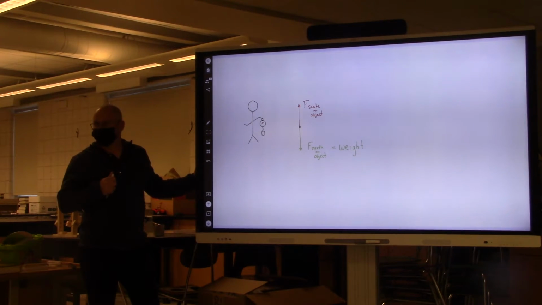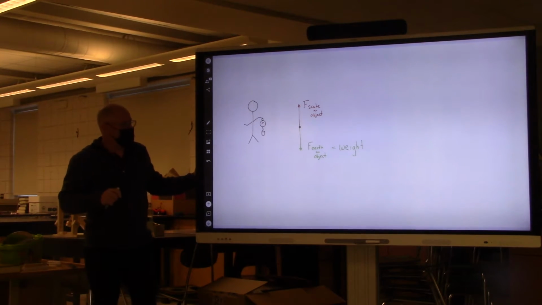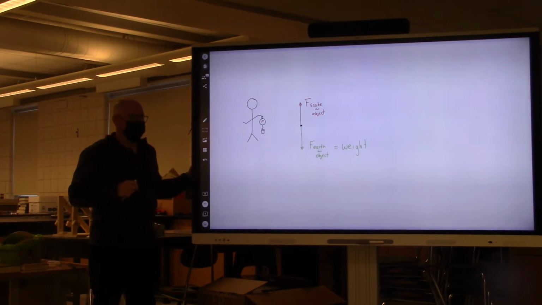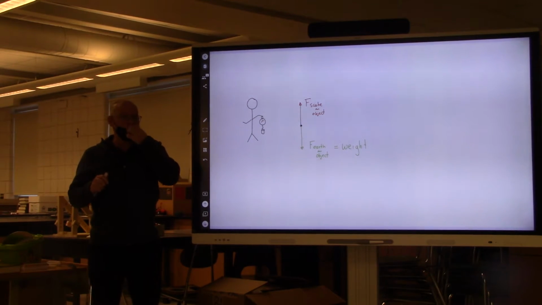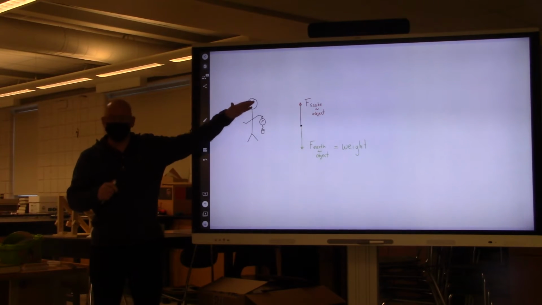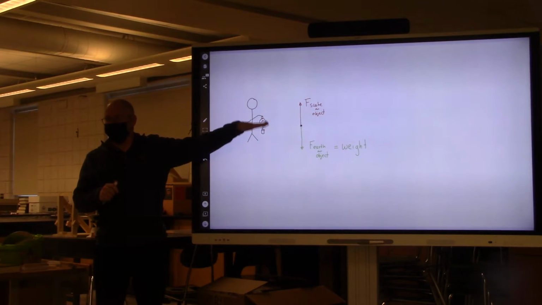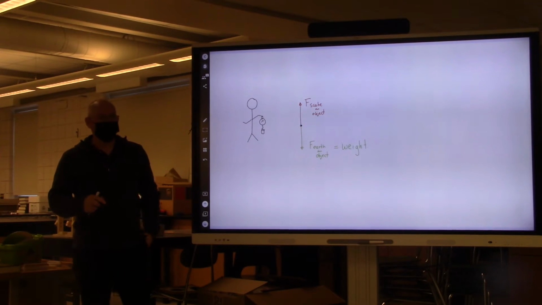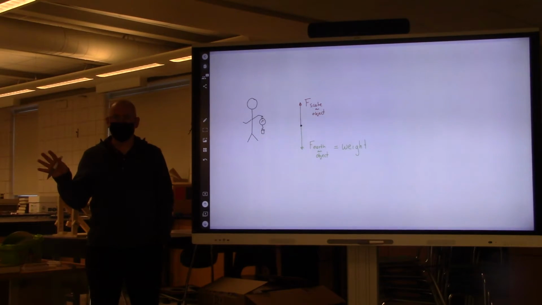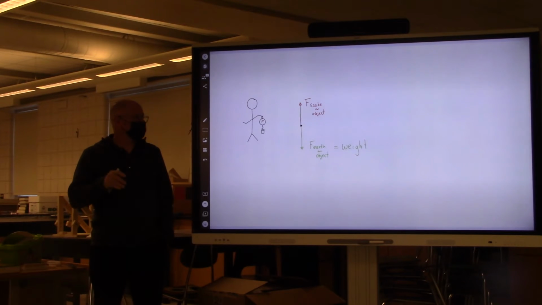Is that cool? But you can't measure that directly, right? But by using a scale and understanding that these two things have to be equal if it's not going anywhere, this is what the scale reads. Is that cool?